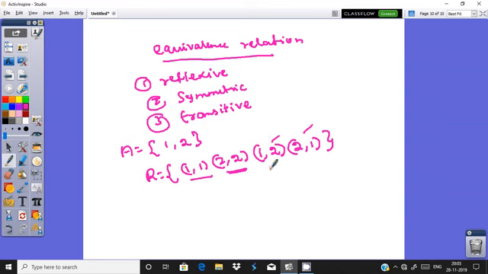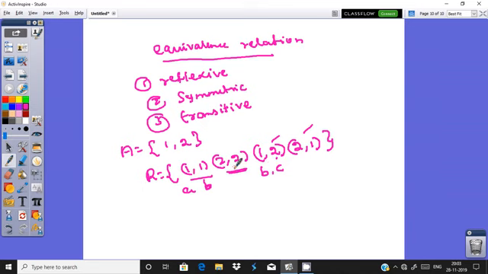But what is meant by transitive? Now listen here. You take up the first pair: this is called A and this is called B. Whether anything starts with 1 here, yes, 1. So this is called B and this is called C. If this relation exists, whether A comma C exists: A is 1 and C is 2.